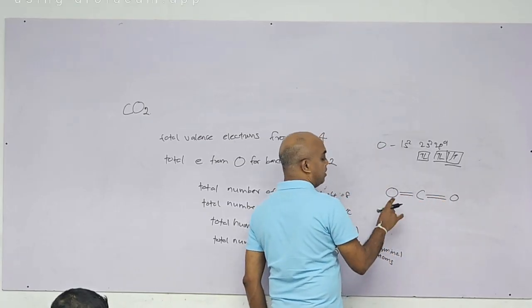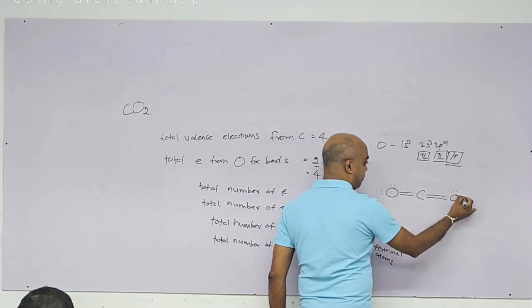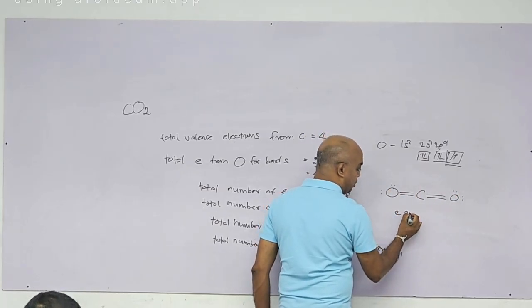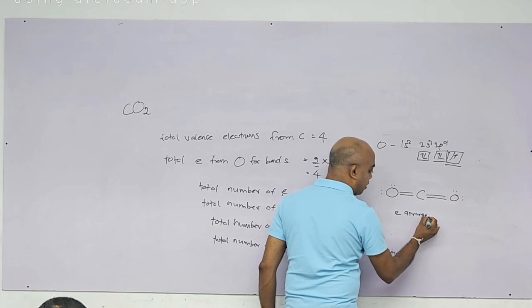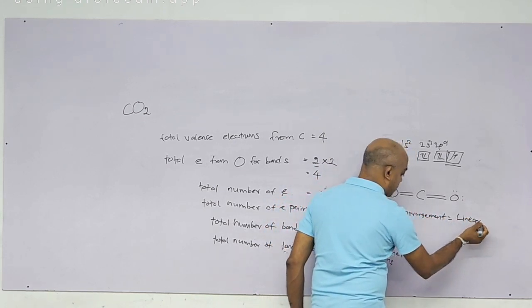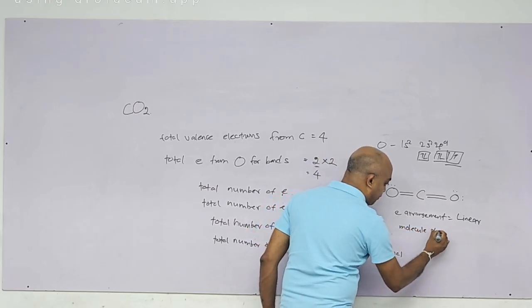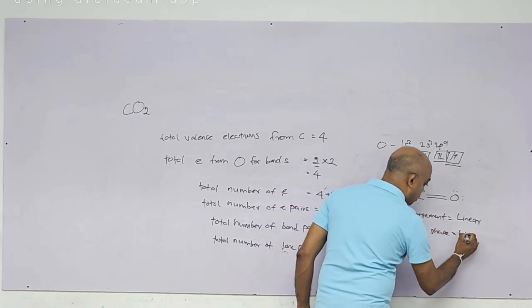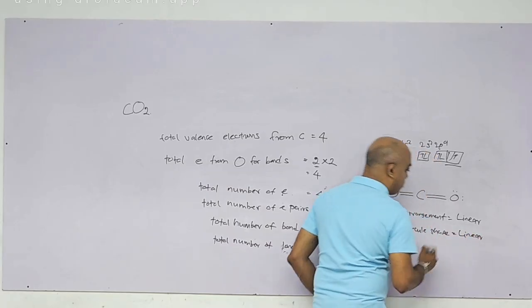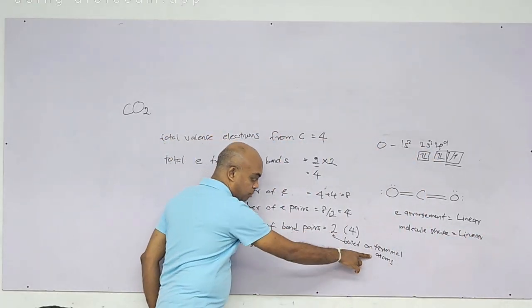This is the shape of carbon dioxide. Electron arrangement is also linear. Molecule shape is also linear.